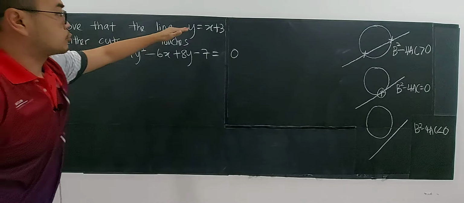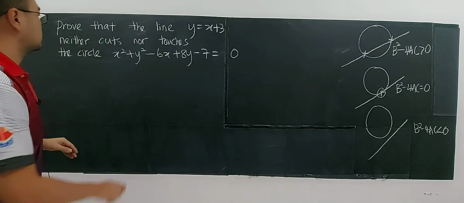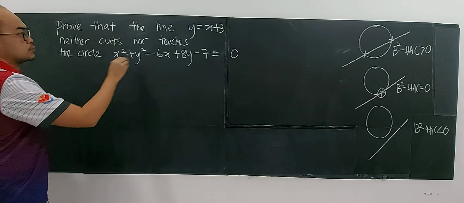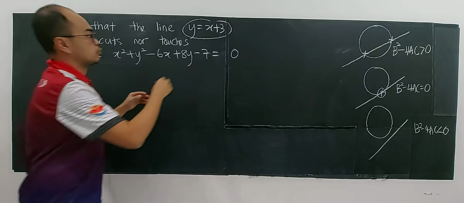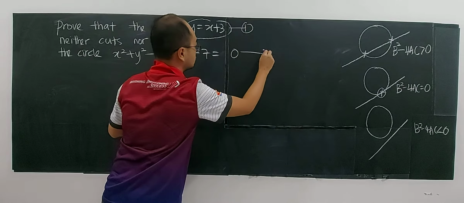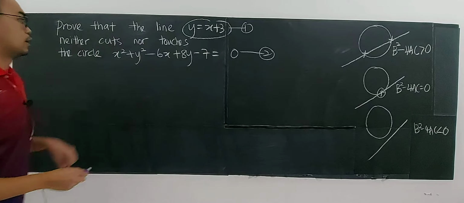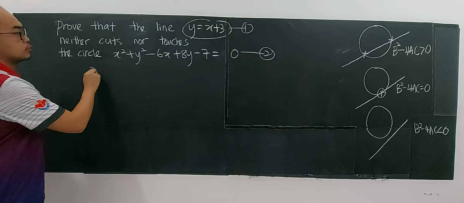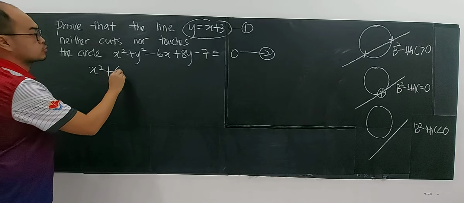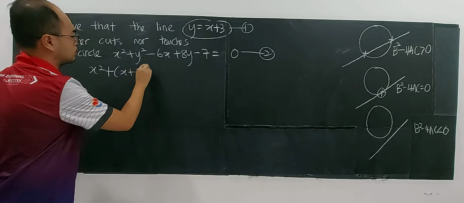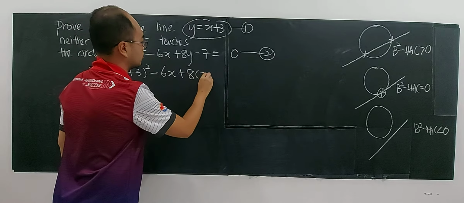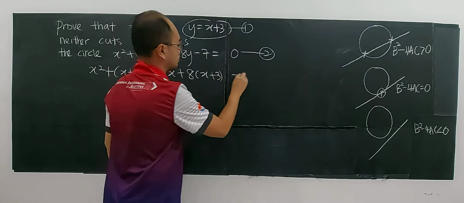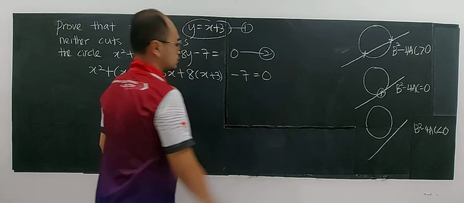solve the simultaneous equation between this line and this circle. So we have y equals x plus 3 as equation 1 for the line and equation 2 for the circle. We substitute, so we have x squared plus y squared, which is x plus 3 to the power of 2, minus 6x plus 8y, where y is x plus 3, minus 7 equals 0, right?